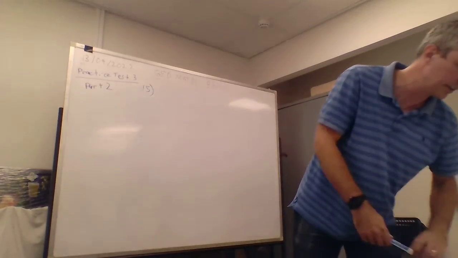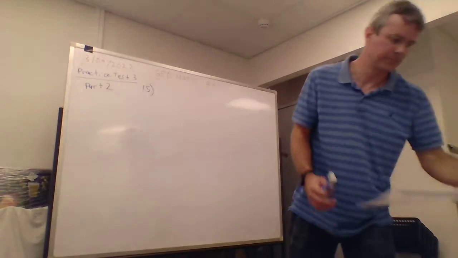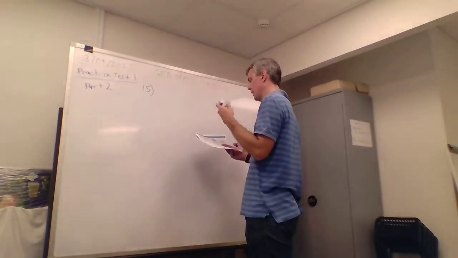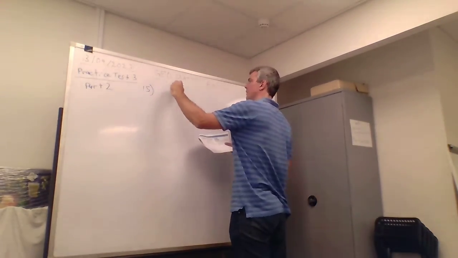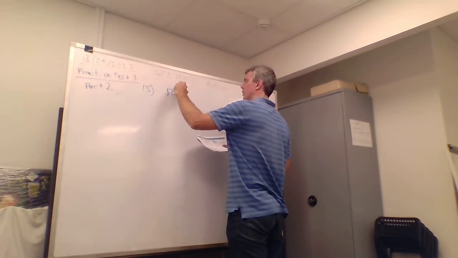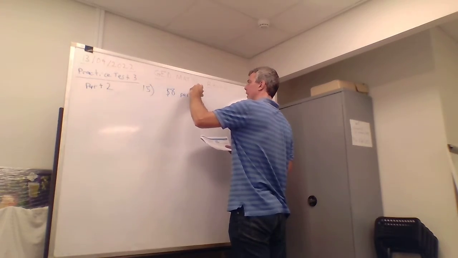The store employee works 35 hours a week. Which inequality can be used to find the dollar value X of weekly sales that the employee must make to earn more than $400 per week? Alright, so we need to look here. They're getting $8 per hour, right?